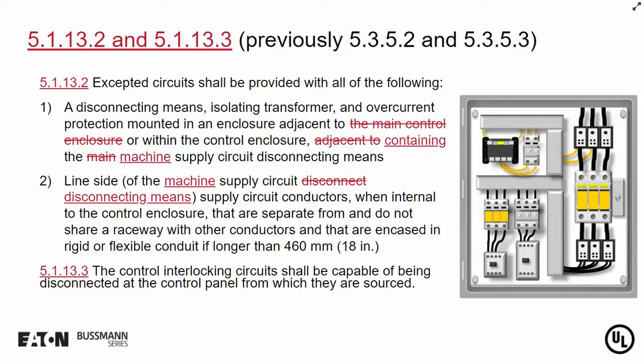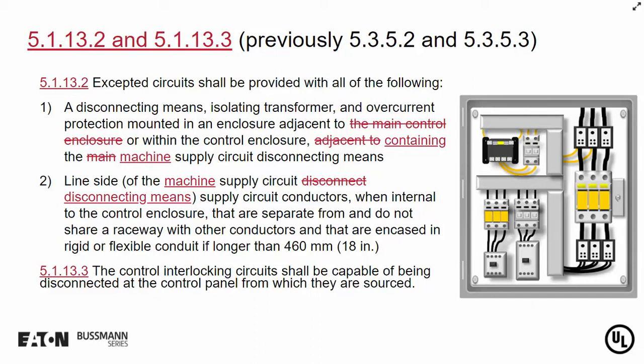requirements for accepted circuits. And you can see they should be provided with all of the following: a disconnecting means, isolating transformer, over current protection mounted in an enclosure, either adjacent to or within the control enclosure containing the machine supply circuit disconnecting means. So when you connect on the supply side of the machine supply circuit disconnecting means, you have to go to another disconnecting means.